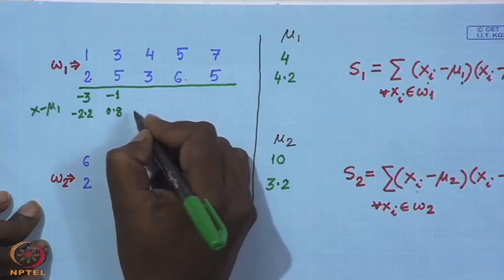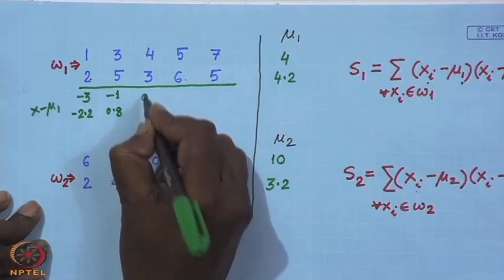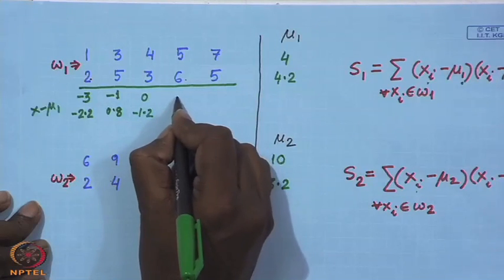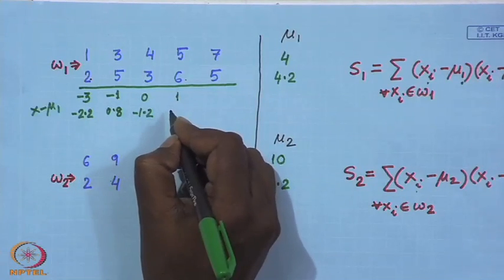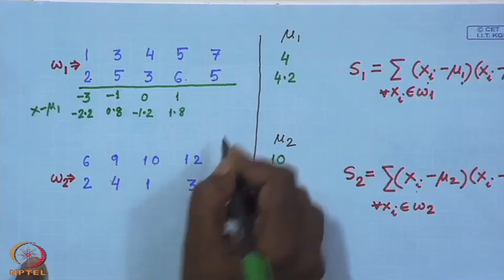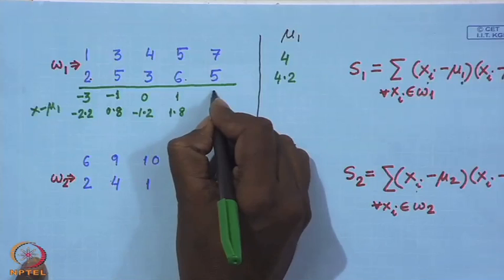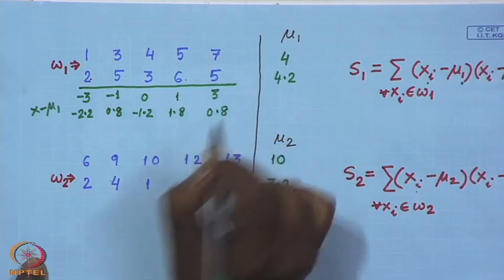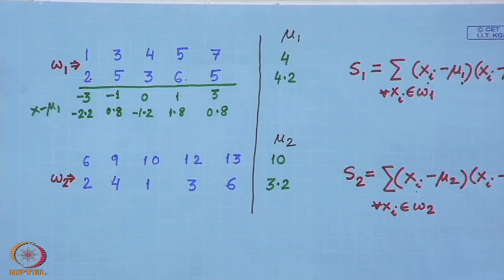Similarly, over here, this will be 0, minus 1.2, here it will be 1, 1.8, and here it will be 3, 0.8. So, these are x minus mu 1 for individual vectors x.